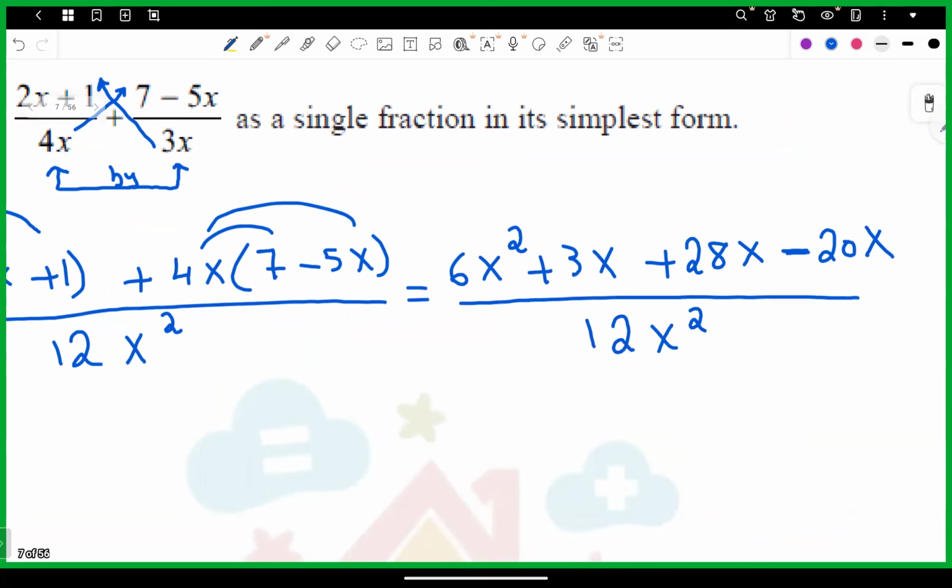So I need to combine the like terms. So 3x plus 28x minus 20x equals 11x.